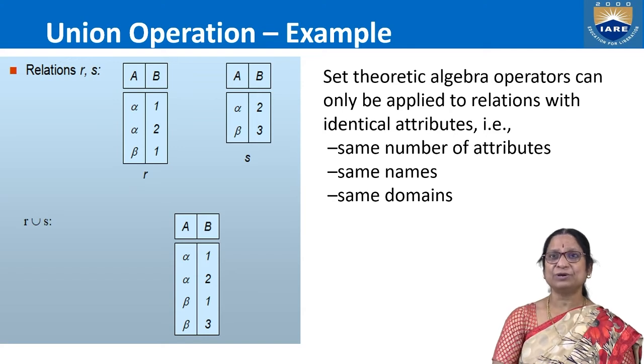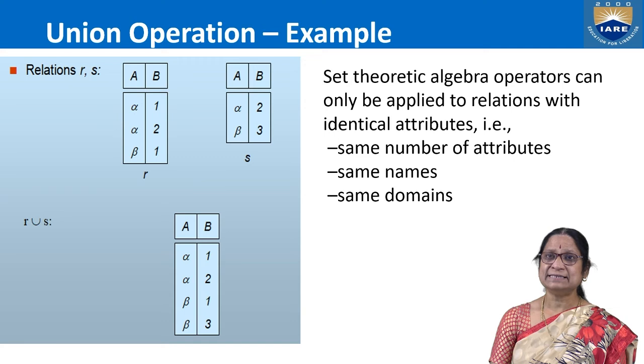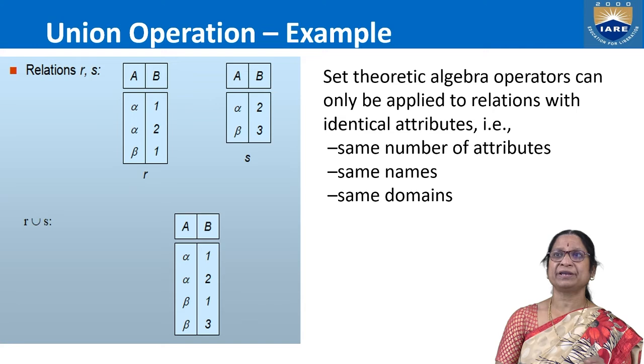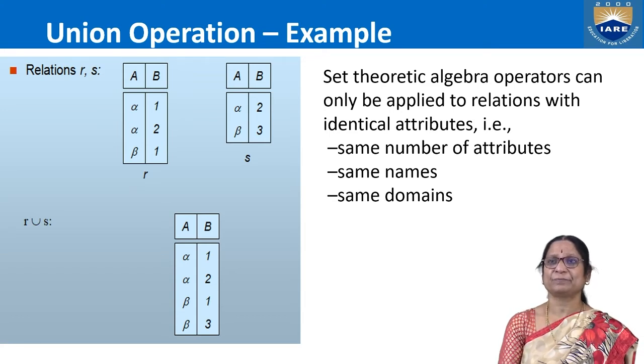Select and project are known as unary operators, for which only a single operand is an input actually. But coming to this union operation, it is a set theoretical algebra operator, same as your set operations only, but inputs are two. That means two sets are going to be unioned, no? Similarly, two relations are going to have the union operator applied.